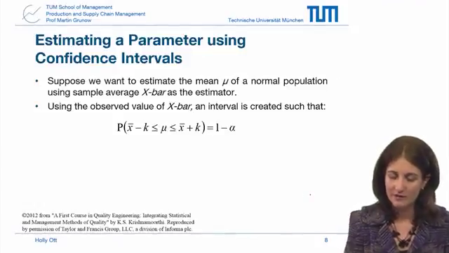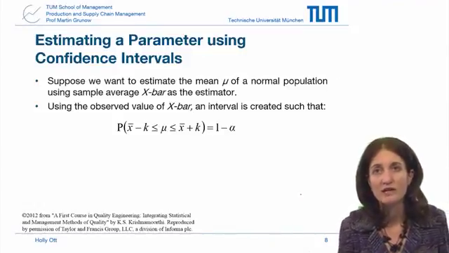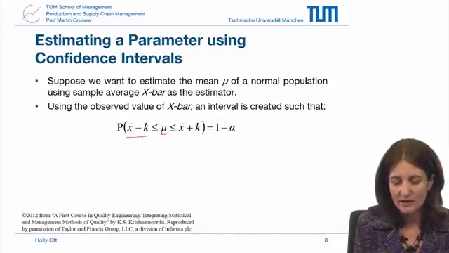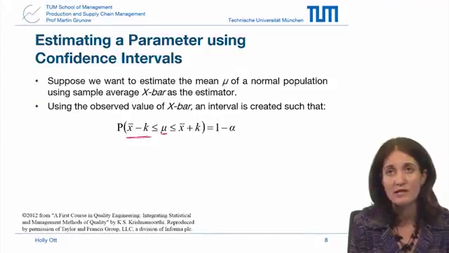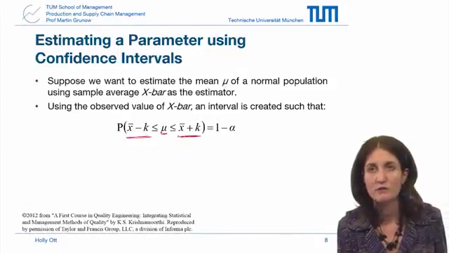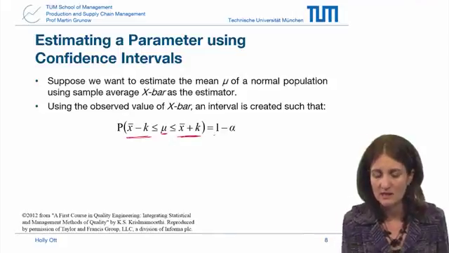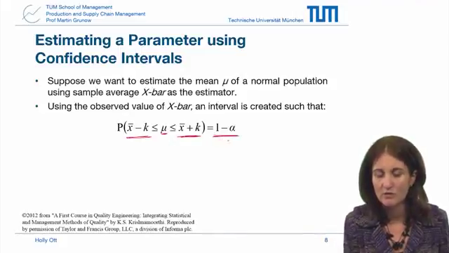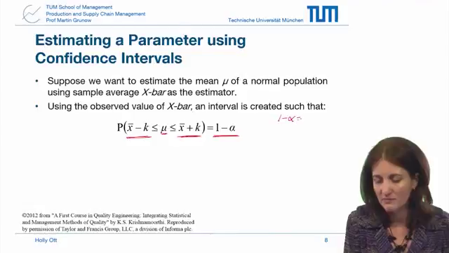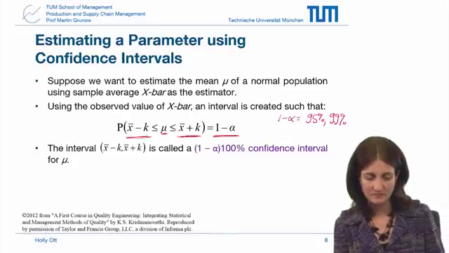Using the observed value of x bar, we create an interval such that the mean is greater than or equal to x bar minus a constant and less than or equal to x bar plus a constant, with probability equal to 1 minus alpha, the confidence coefficient. And this should be, as we were saying before, a big number, like 95%, 99%.